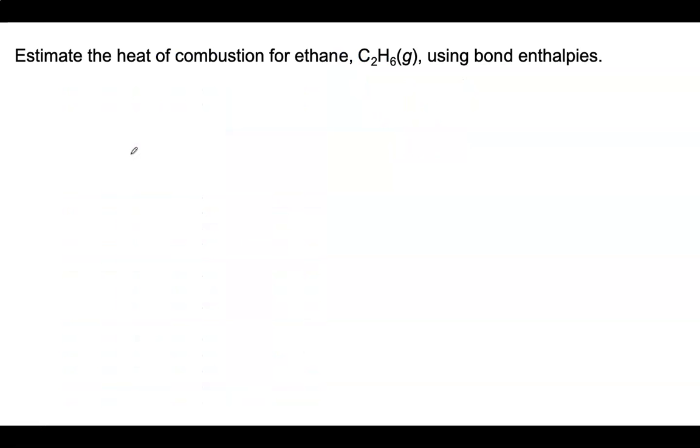Okay, so for an example, estimate the heat of combustion for ethane, C2H6 gas. So let's write the formula for this. We have C2H6 gas plus oxygen, combustion, produces CO2 and H2O.